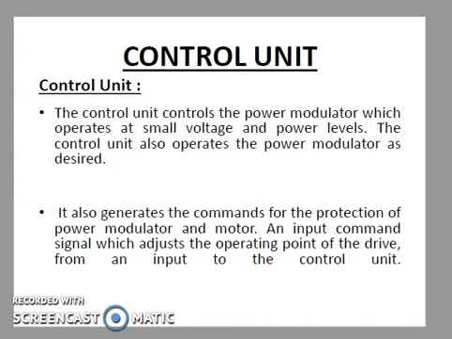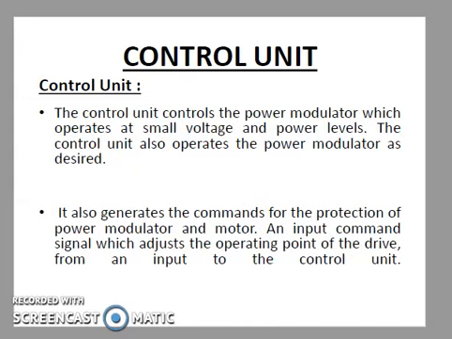In addition to operating the power modulator, the control unit may also generate commands for the protection of the power modulator as well as the motor. The input command signal in the block diagram adjusts the operating point of the drive system.